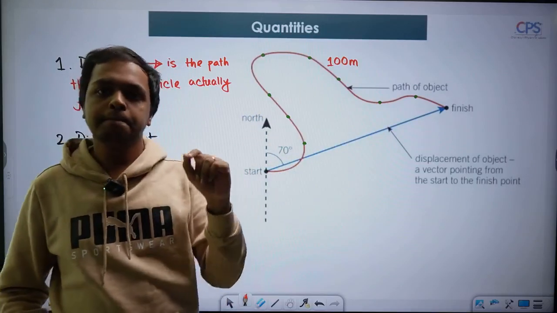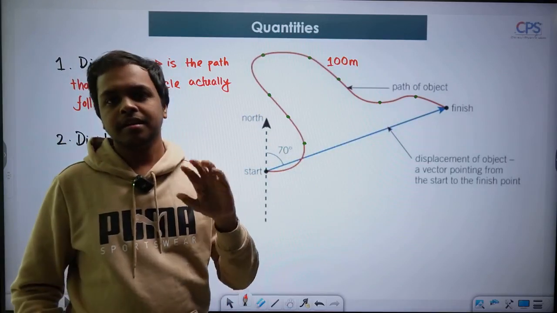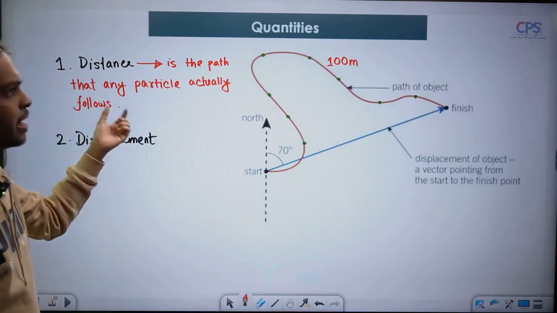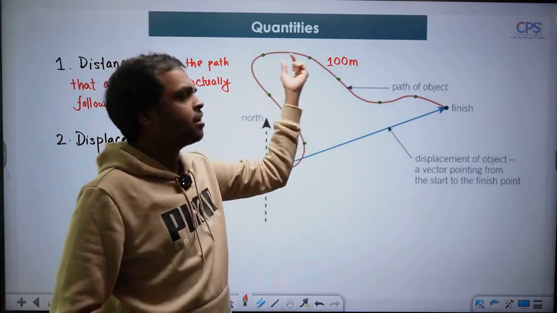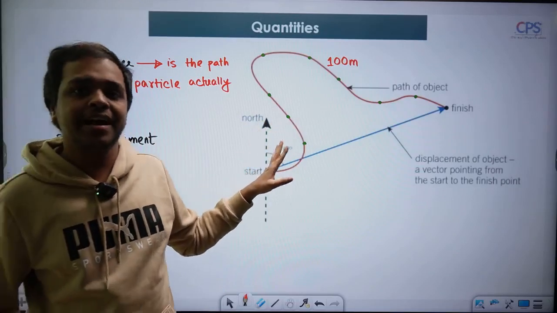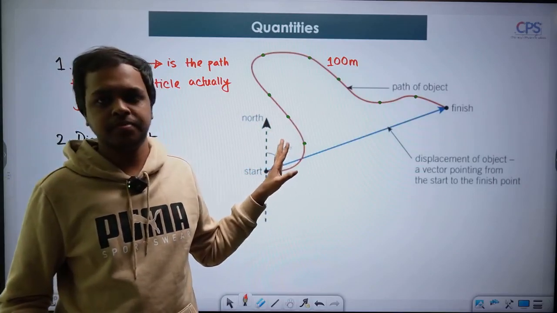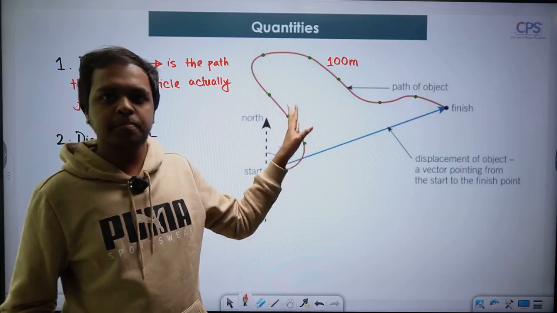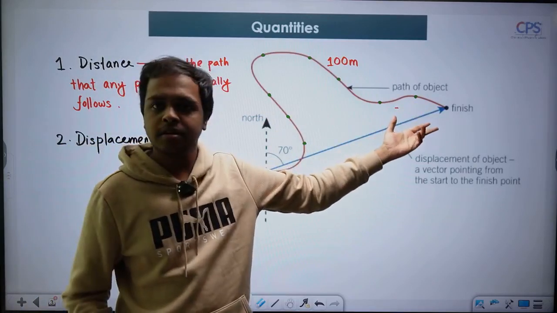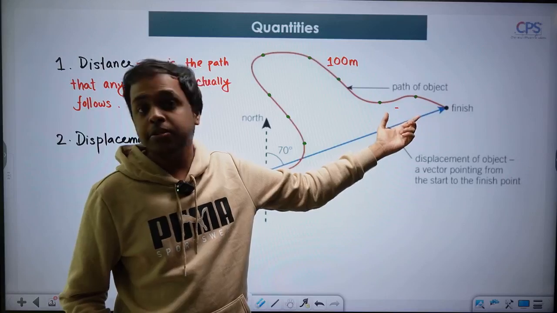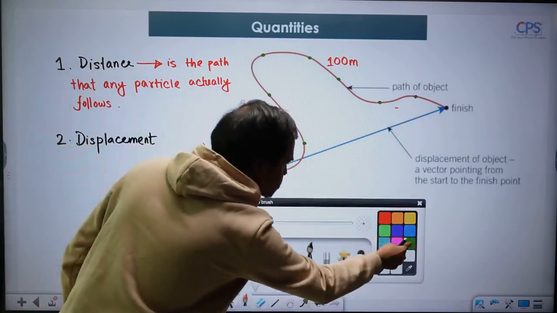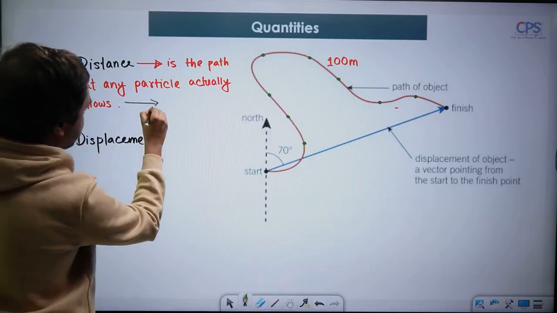And what you might notice from this is that there is no particular direction for it. We are just telling you that this distance is 100 meters or let's say 100 kilometers, but it doesn't have any direction associated with it. The actual path is 100 meters or 100 kilometers long, but we don't say any direction. So distance is of course a scalar quantity.